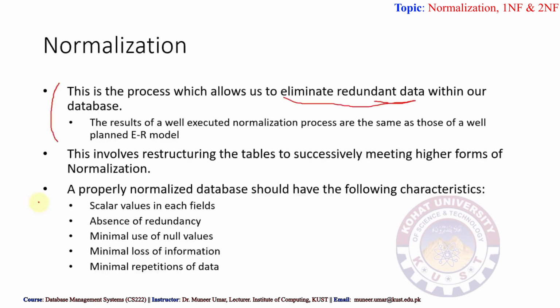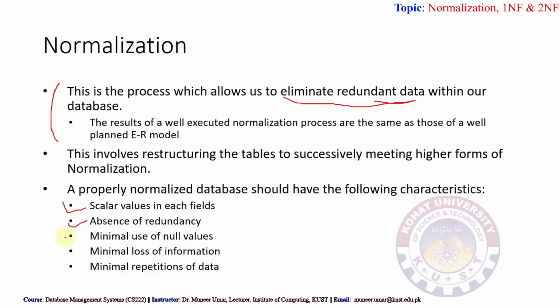When we properly normalize a database, it must have the following characteristics. The first one is scalar values in each field. If you remember, in the ERD we used a multi-value attribute. In the case of a normalized database, each attribute in the tables must have a scalar value. There wouldn't be any multi-value attribute, and there would be an absence of redundancy in the tables.